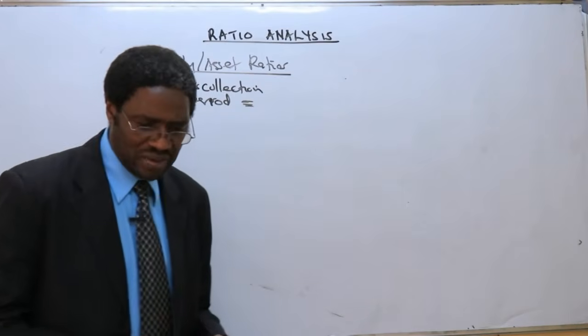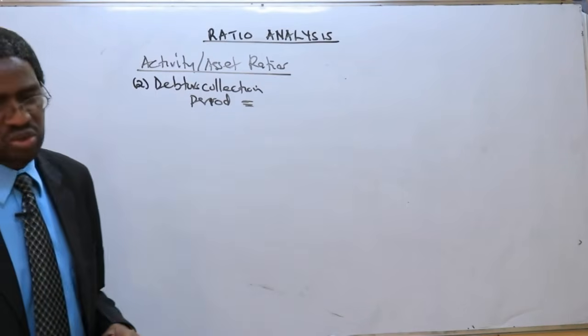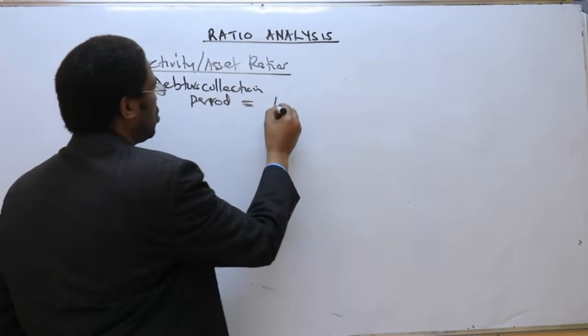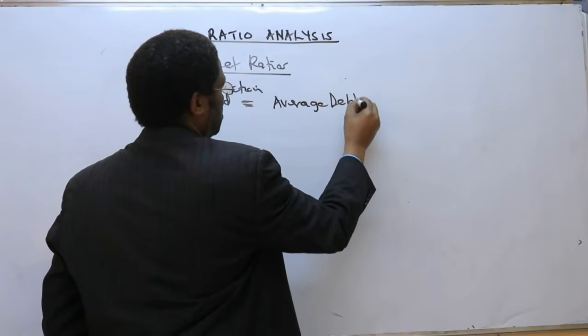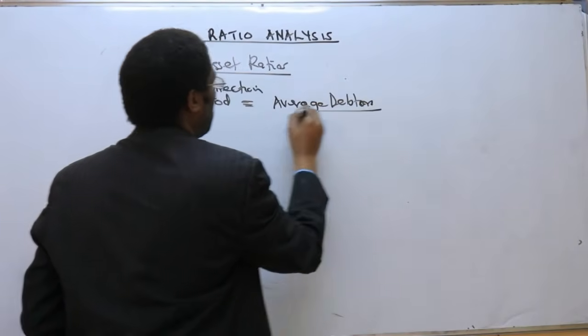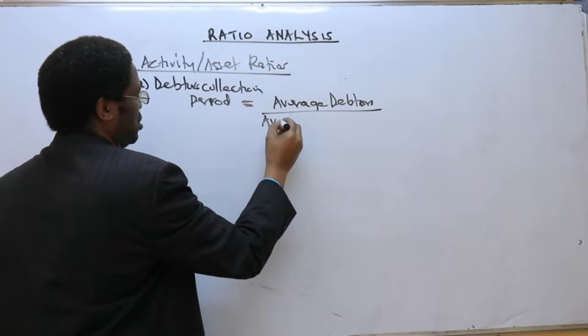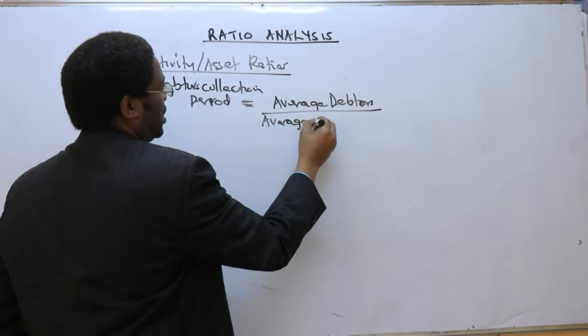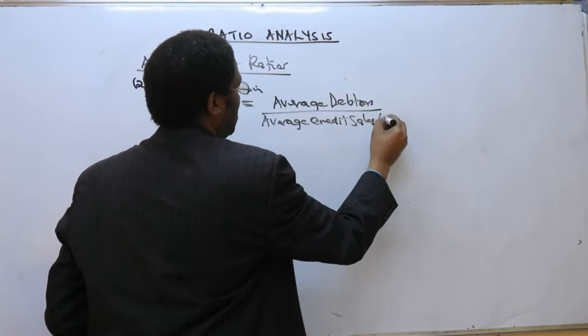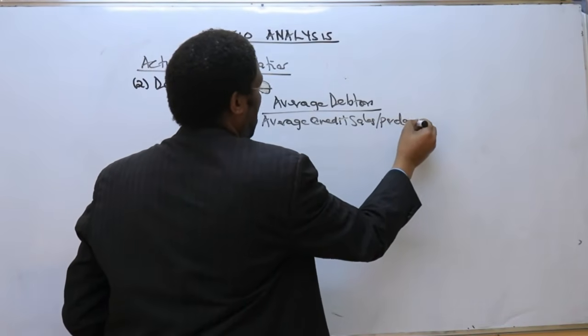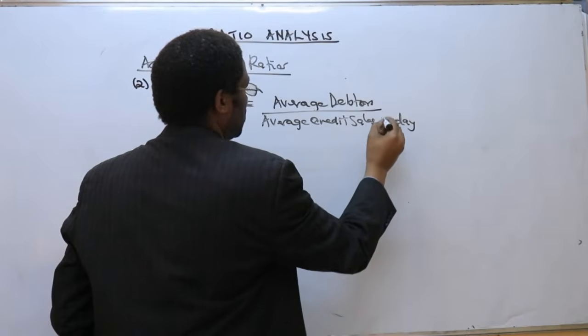To get that amount, we shall be taking what we call average debtors. You divide that by the average credit sales per day.